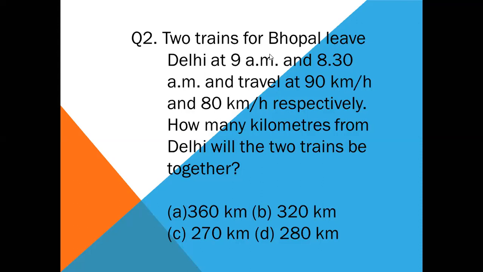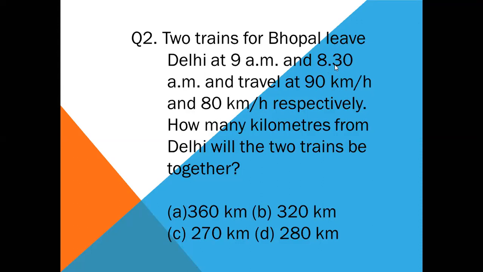So to use the concept of relative speed, we have to make the time the same. Let us say the first train is moving at 9 a.m. with the speed of 90 km per hour, and the second train is moving at the speed of 80 km per hour at 8:30.